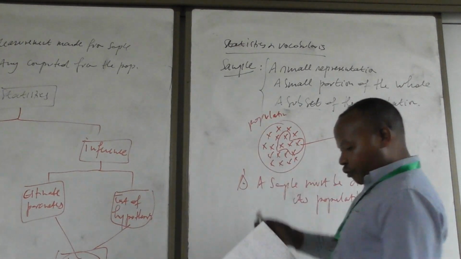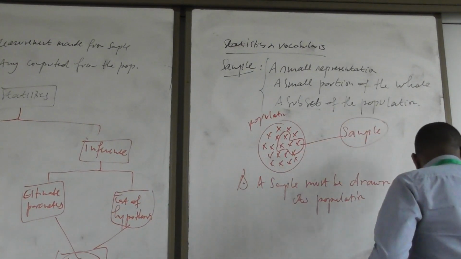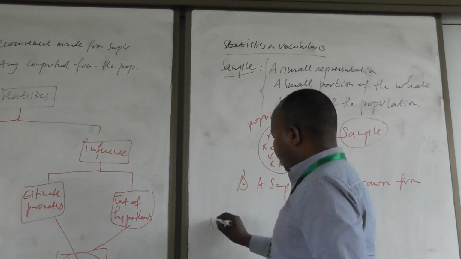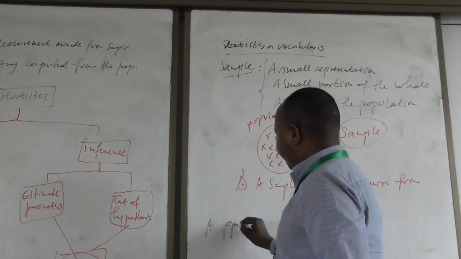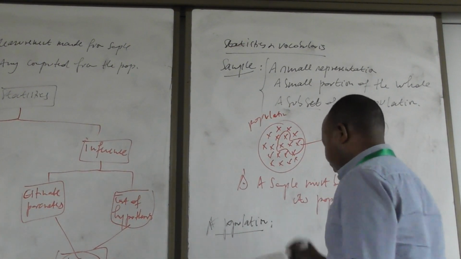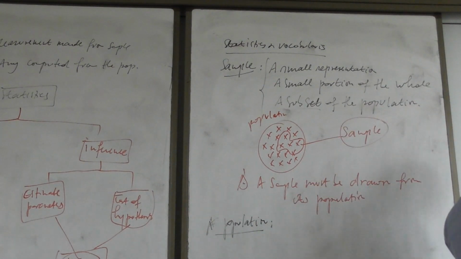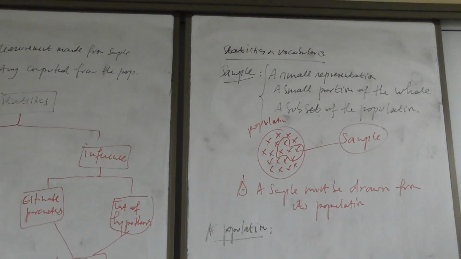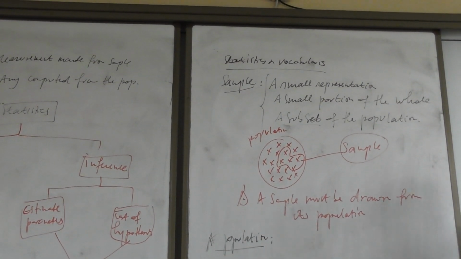Apart from the sample, you also need to have a population. What do we call a population in statistics? A population in statistics is different from a population in demography.